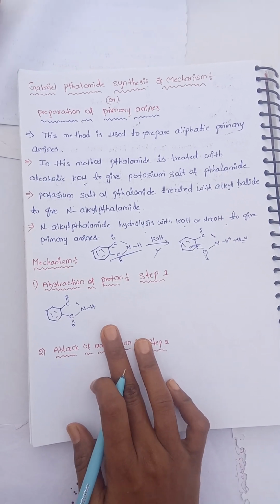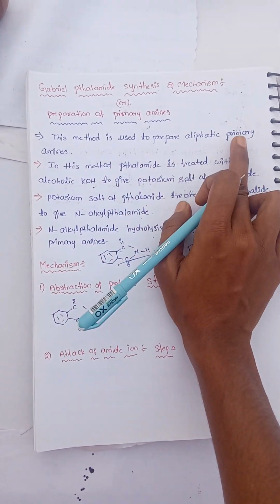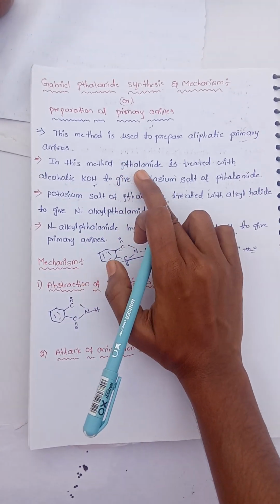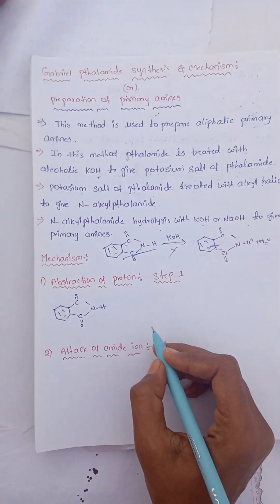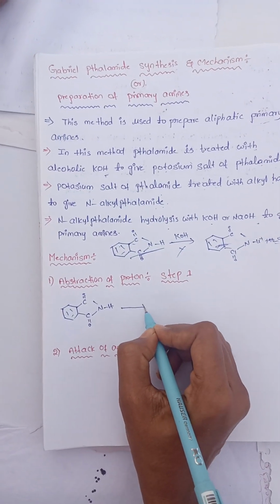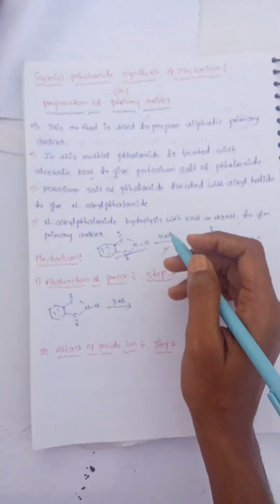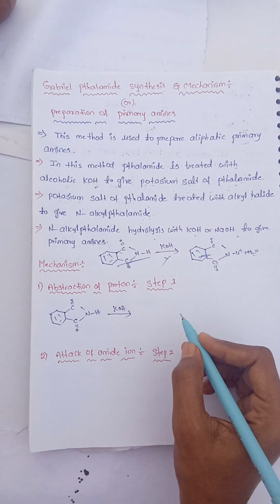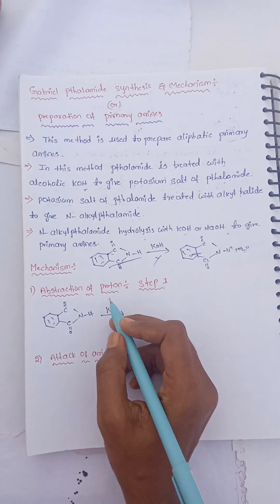In this method used to prepare aliphatic primary amines, in the first step phthalimide is treated with alcoholic KOH. You have to write the first step with alcoholic KOH, to give potassium salt of phthalimide.